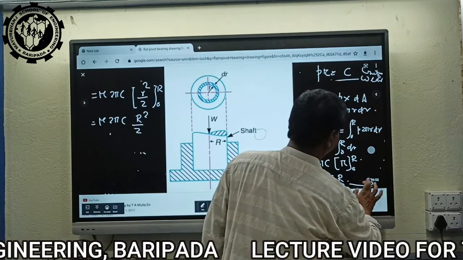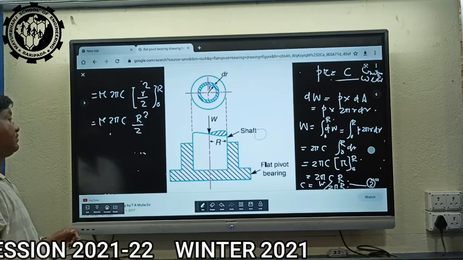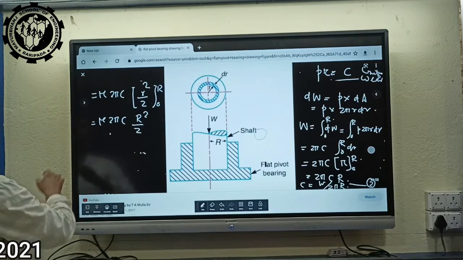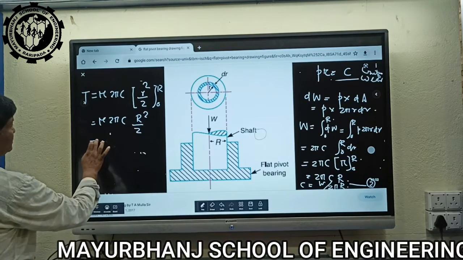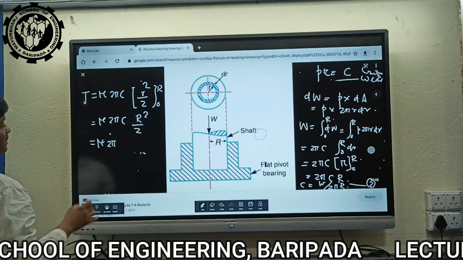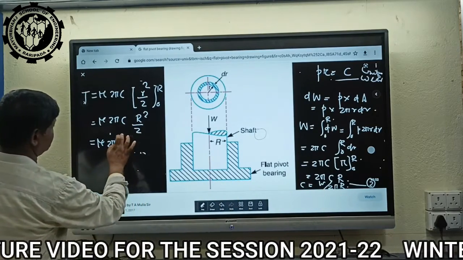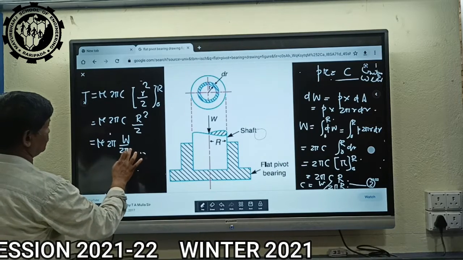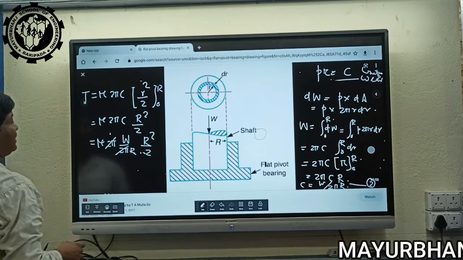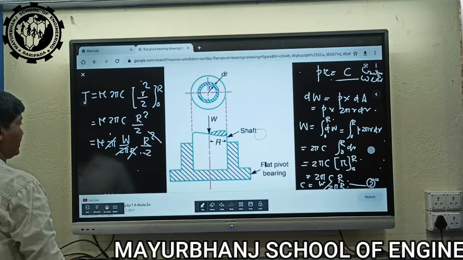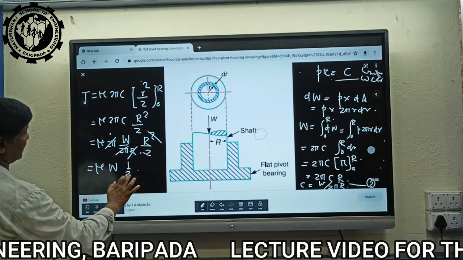This is the second equation. Now put its value here for finding out the torque T. The value of C is W by 2 pi R, into R square by 2. 2 pi cancels, R square cancels, and the remaining part is mu W R by 2.